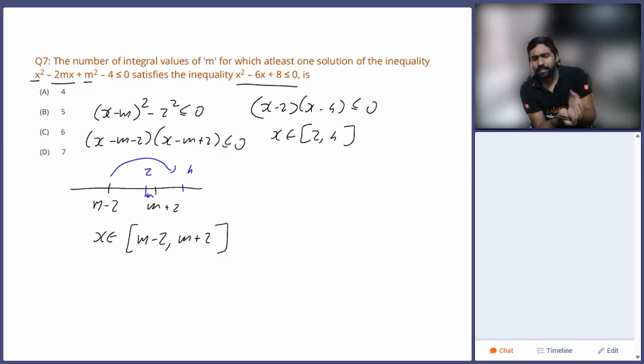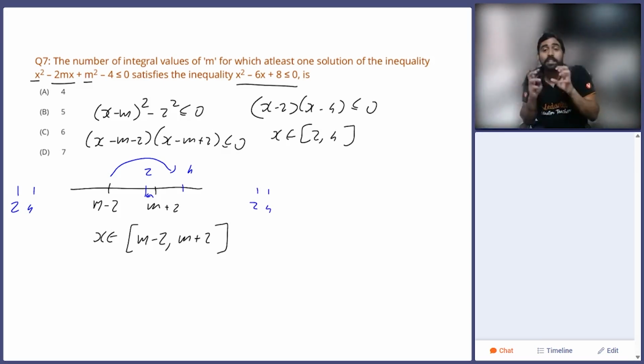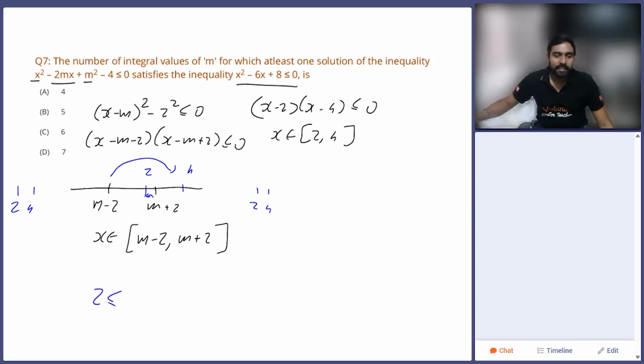Because if I just consider that 2 is less than m plus 2, then [2, 4] can go somewhere like this. That's not true. Also, if I just consider that 4 is bigger than m minus 2, they can go somewhere over here. So to make sure that they have some intersection between the two, I will ensure that 2 is less than m plus 2, and along with that, m minus 2 is less than 4 as well.